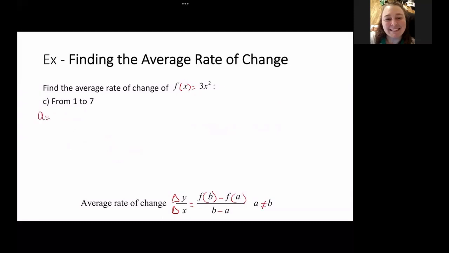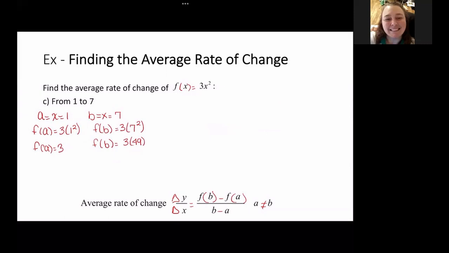So a is going to be x equals 1. b is going to be x equals 7. f of a equals 3 times 1 squared, so f of a is equal to 3 as always. f of b is going to be equal to 3 times 7 squared. So f of b equals 3 times 49.